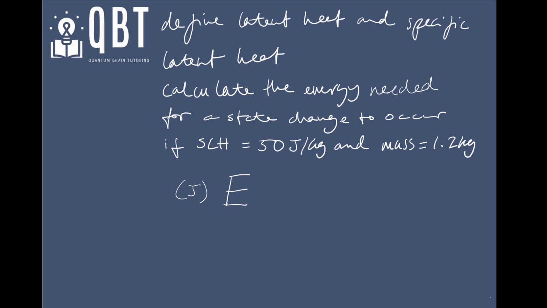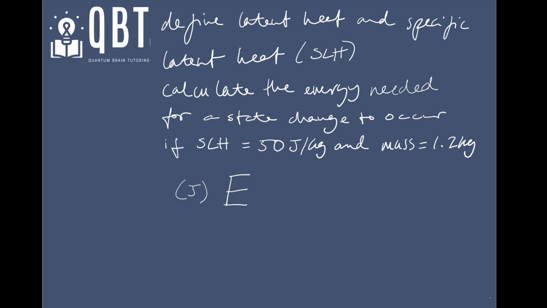But what is specific latent heat? Well, it's similar, but specific latent heat, which is sometimes written as SLH, is defined as the amount of energy that is needed to change 1 kilogram of a substance from one state to another without changing its temperature. So that's the key point with specific latent heat.